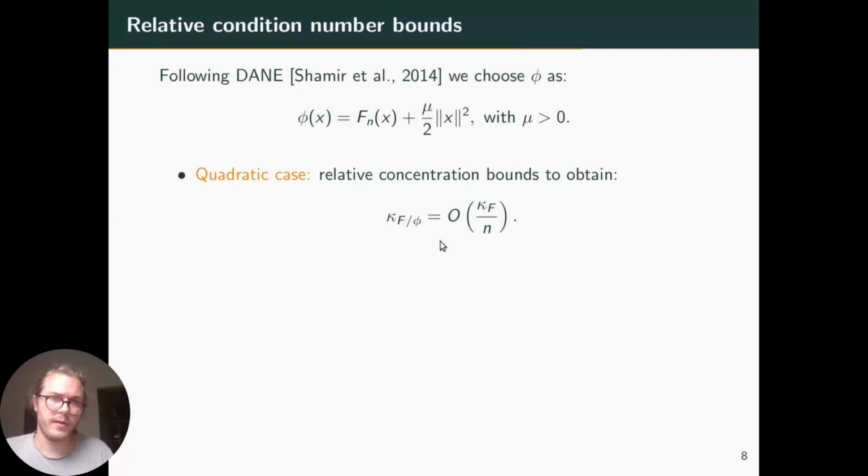While following the Dane algorithm introduced by Shamir et al., we choose the function phi as fn, so the local objective of the server, plus a small quadratic term. In the quadratic case, we show that the relative condition number can actually be of order the usual condition number divided by n, where n is the size of the server's dataset.